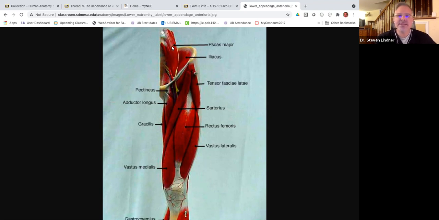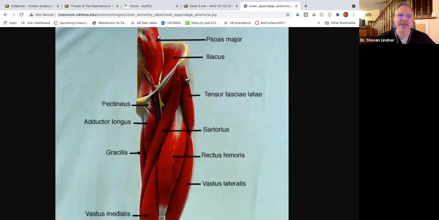Both of these muscles travel inferior, and deep, I should say is the better word, to the inguinal ligament. Right here in gray, you see the inguinal ligament going from the anterior superior iliac spine to the pubic tubercle. The psoas major and iliacus travel deep to it.